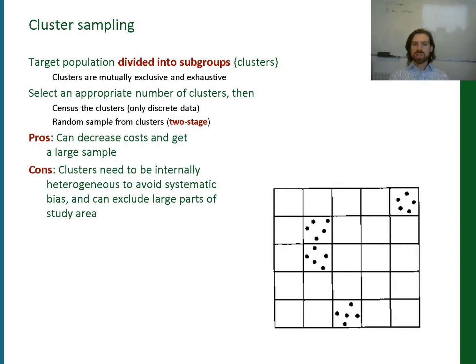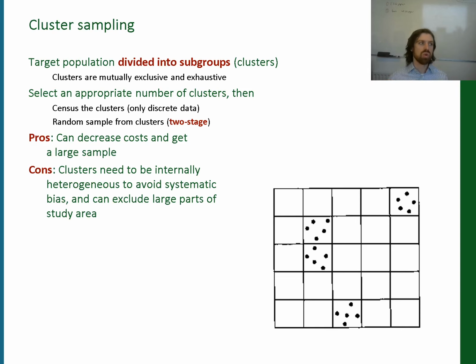Okay, let's move on. So cluster sampling. Imagine you have the target population, and what you do is you divide it into subgroups. So maybe these are 1 kilometre tiles down here. And then what we're going to do is select an appropriate number of clusters. Maybe that's 10%. And then maybe within that, we're going to go into each one of those cluster areas, and then we're going to pick random samples.